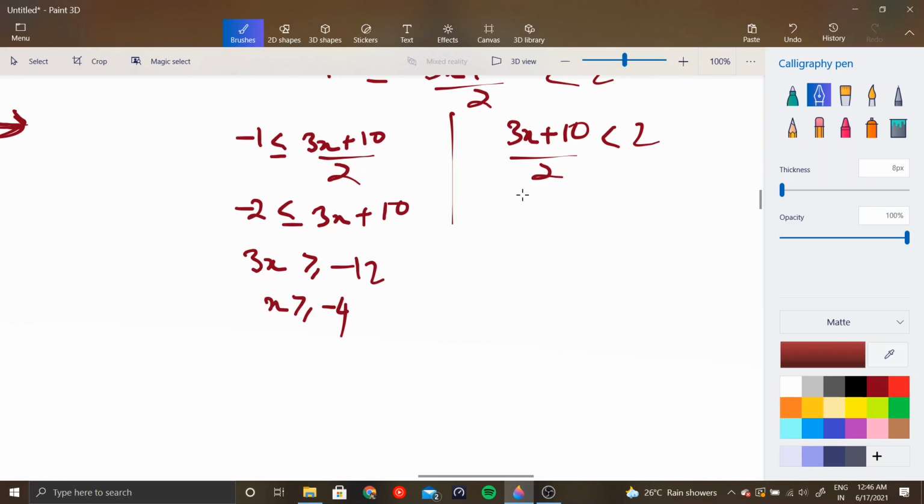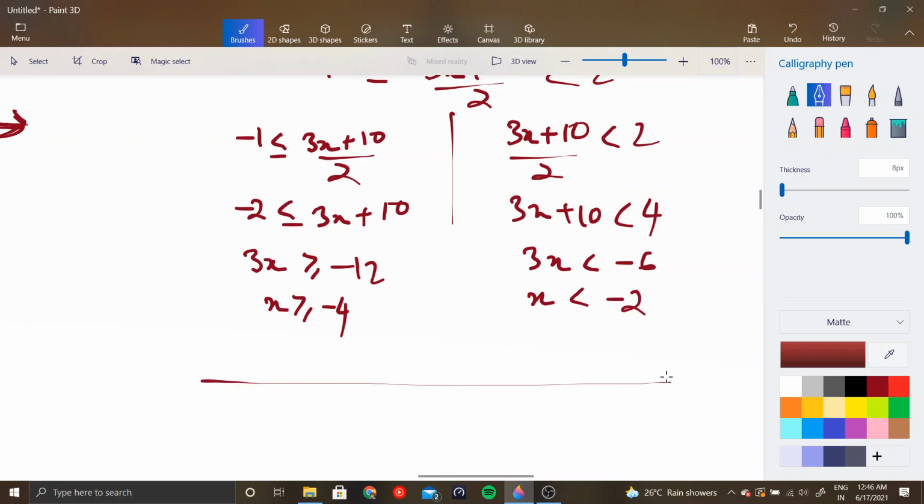Correct? Okay. Here you have 3x + 10 < 4, so 3x < -6, x < -2. So when you are plotting on your number line, you have -4, -3 somewhere, -2, 0, okay?